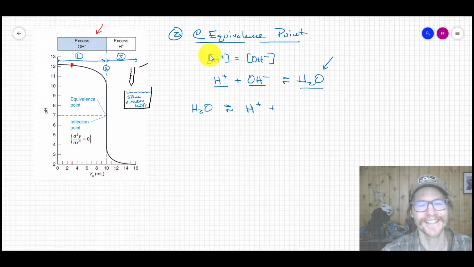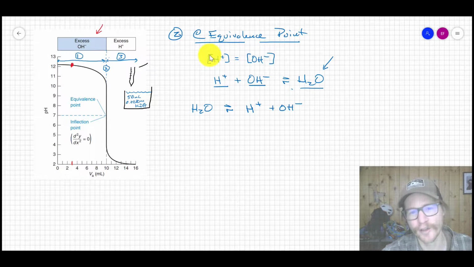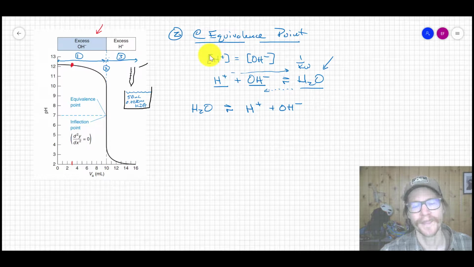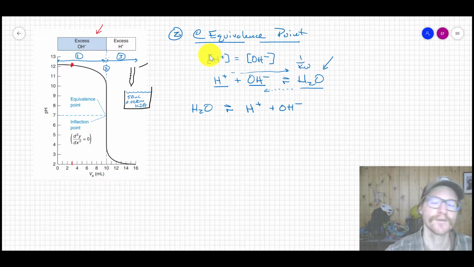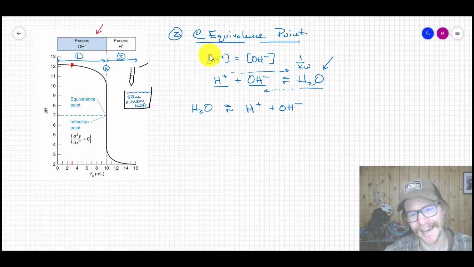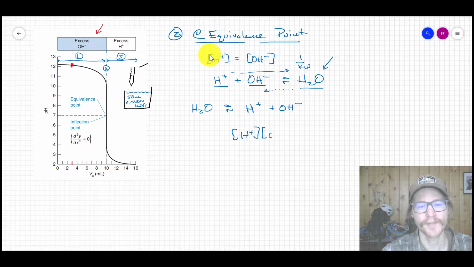It's just going to do the opposite. It's going to dissociate and trickle backwards a little bit. You force the equilibrium this direction because of the large 1 over Kw. But once it hits that point and you allow it to relax and re-achieve its own equilibrium, it has to satisfy its own equilibrium, which is always going to be H plus times hydroxide equals 10 to the minus 14. That has to be true if the system is at equilibrium.